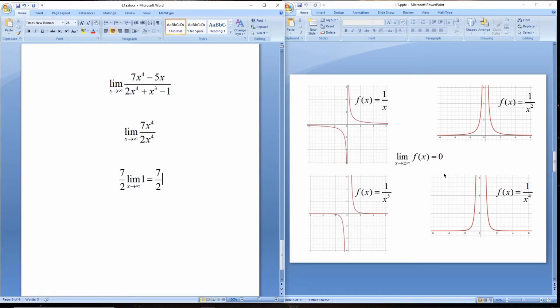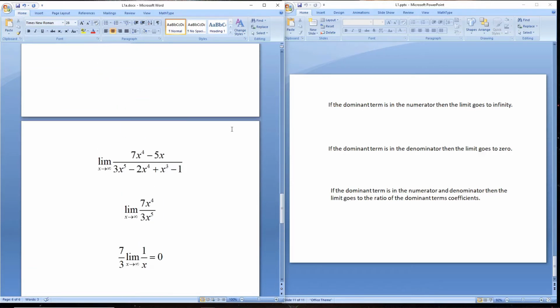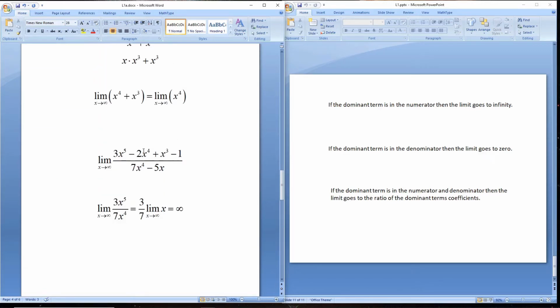And these are the three outcomes. So looking to the right here, if the dominant term is in the numerator, which was the first problem we did, right here, then the limit goes to infinity. And it can be that simple. You can identify the dominant term in the numerator, you're done.